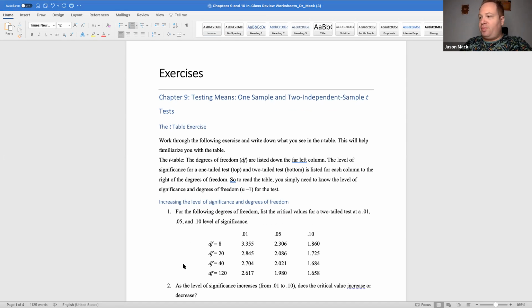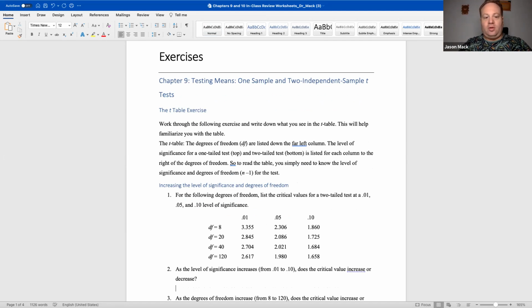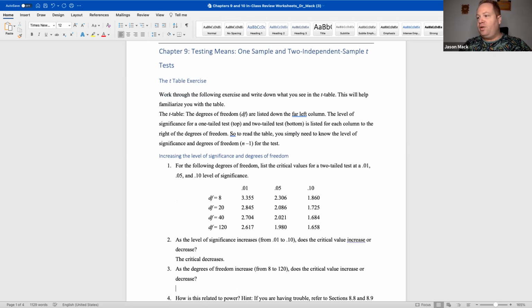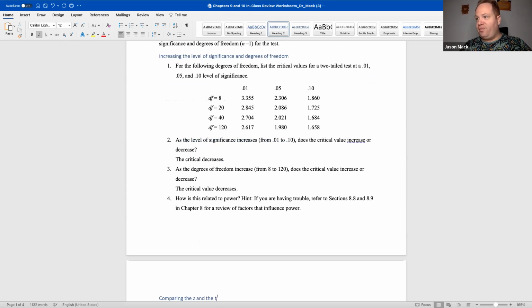Your answer is that the critical value in this scenario decreases. Our next question is, as the degrees of freedom increase from 8 to 120, does the critical value increase or decrease? We're going to say the critical value decreases. You can see that if you look at the chart above.